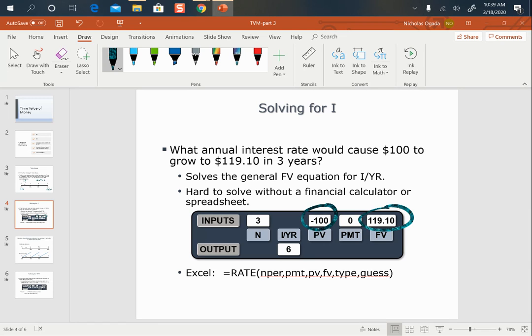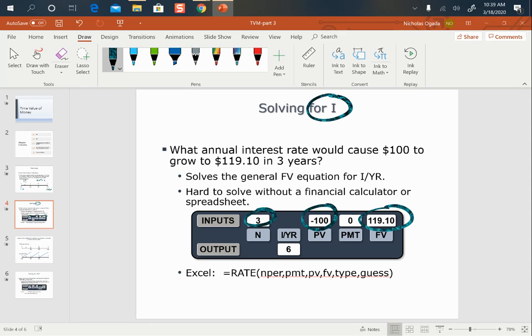If we are looking for I, then of course we know the number of periods is 3 years. So the n is known, the PV is known, the future value is known. What we don't know is the interest.